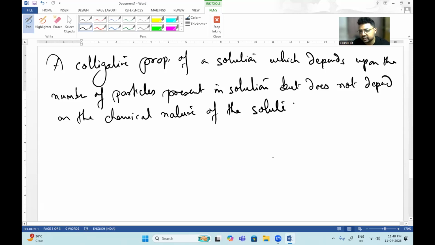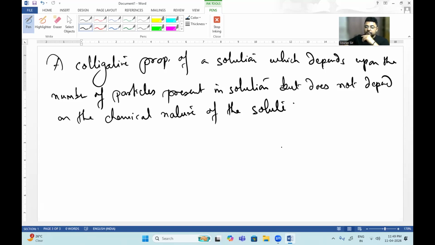So this is the main thing. That is why at first I told you that it is like a democratic property. Who is voting does not matter. How many people are voting, that matters. It can be anyone. A person who is a teacher is also voting. A person who is a student is also voting.